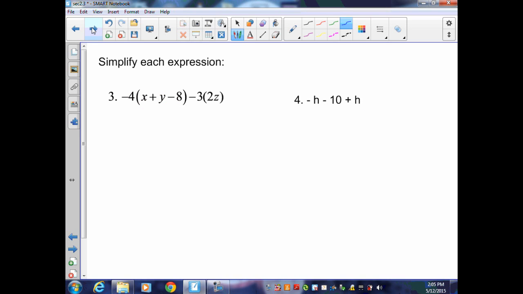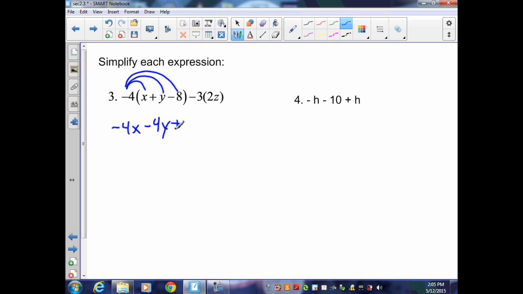Let's proceed. Now we're getting a little bigger. We have to use the distributive property and also the product rules. So let's start. We're going to distribute a negative 4 times 1. That gives me a negative 4x. A negative 4 times 1y. That gives me a negative 4y. A negative times a negative is a positive. Remember, we have to follow through in our mind, talk it through, and actually write down what I'm saying.